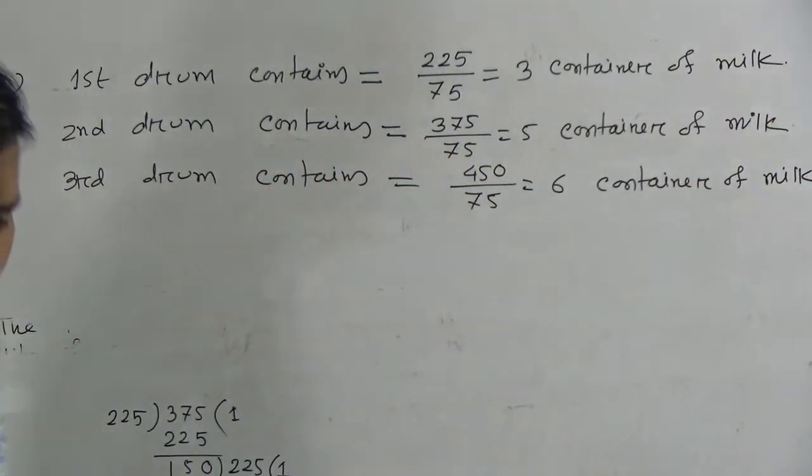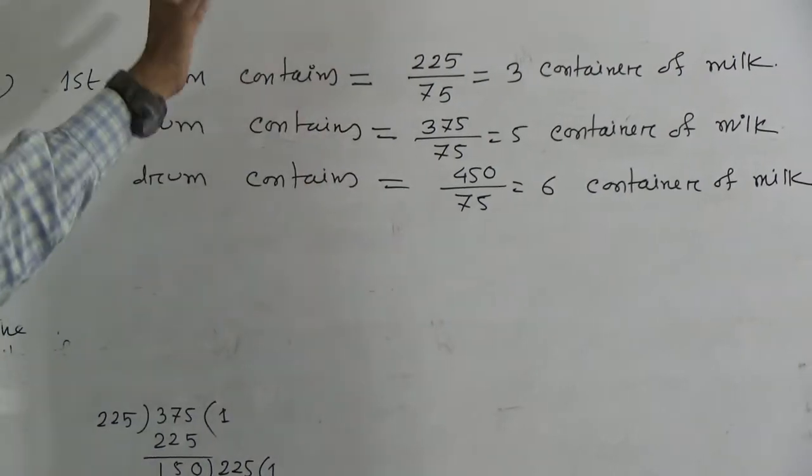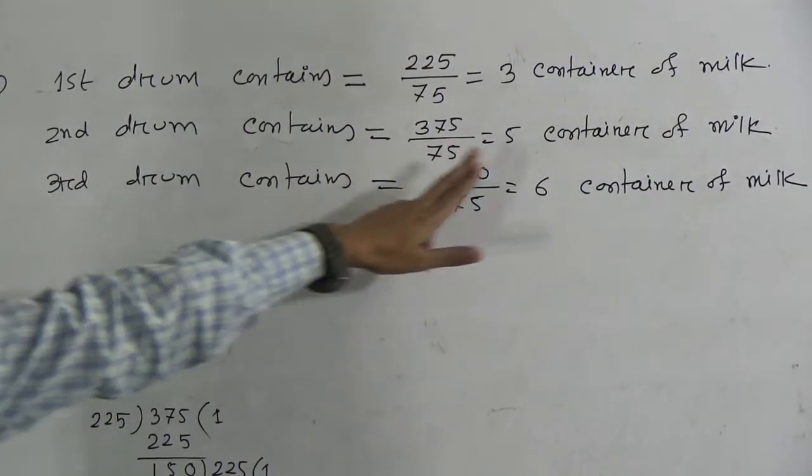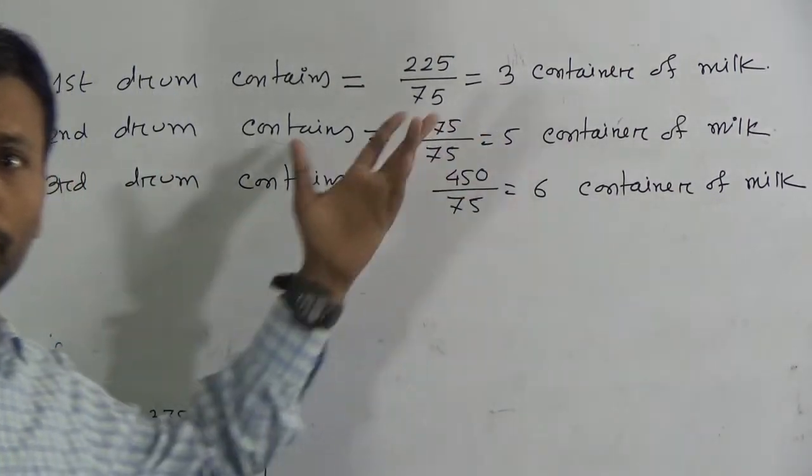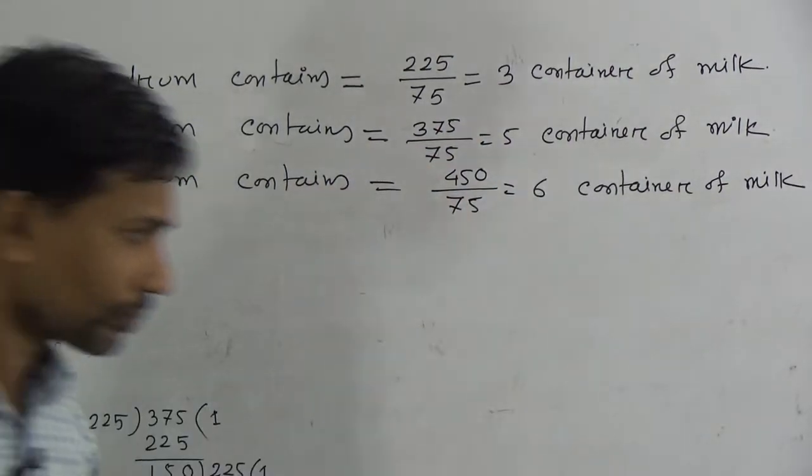Okay student, and this is our recorded result. You write the answer: 3 containers of milk, 5 containers of milk, and 6 containers of milk. This is the answer of question C.